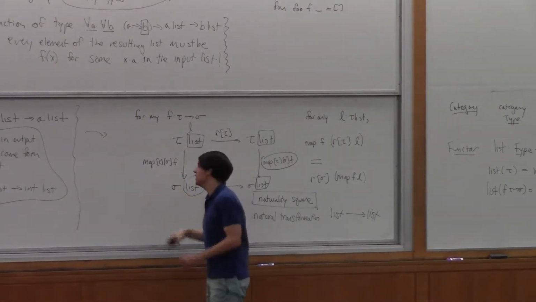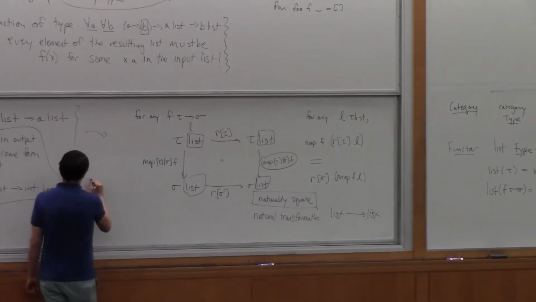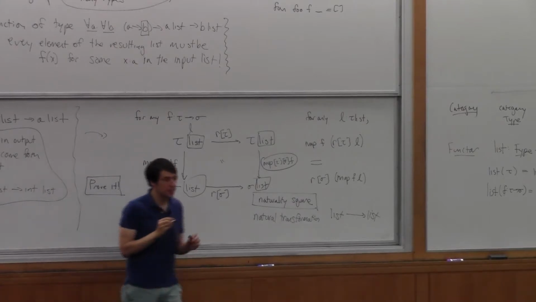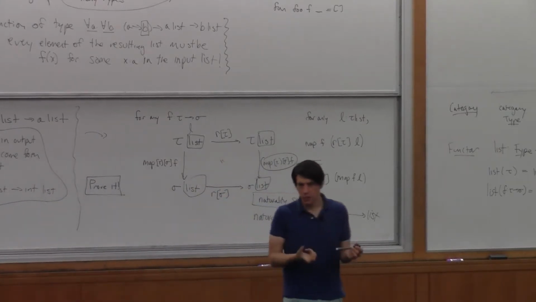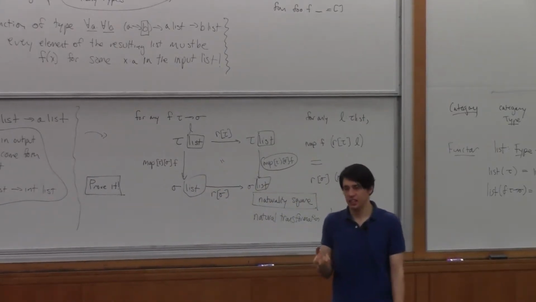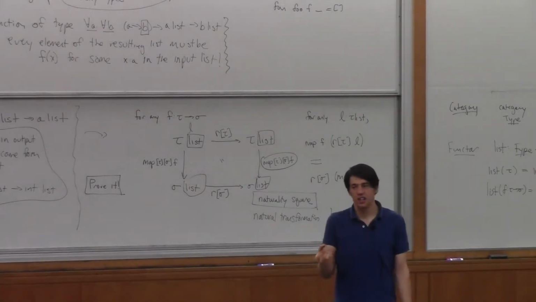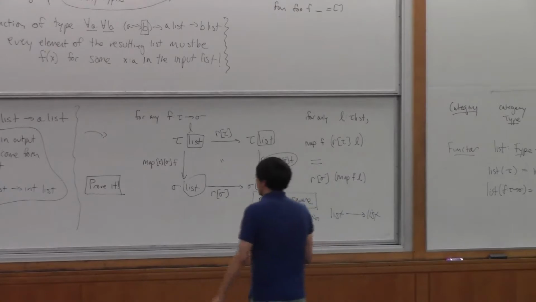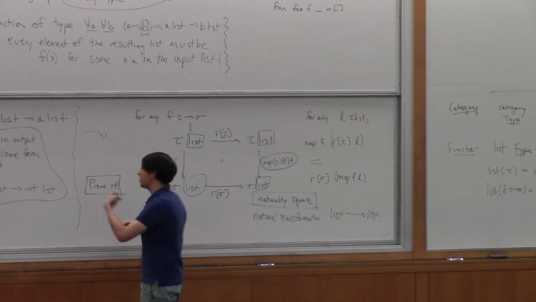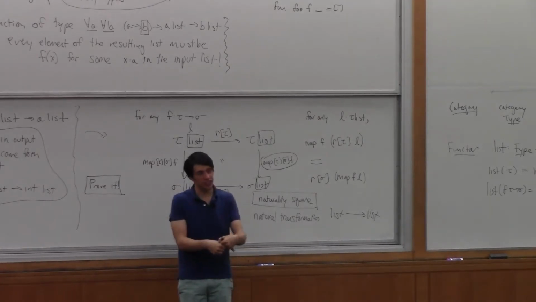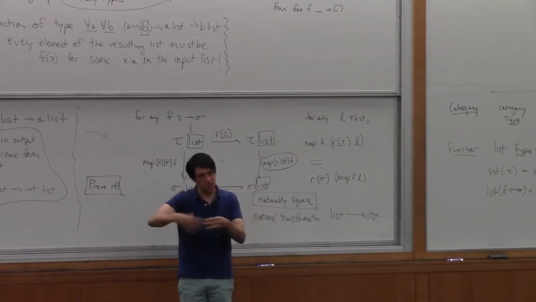Yeah. Okay. So the question now that I'll leave dangling is, how would you possibly prove something like this? Because the tools we developed yesterday of reasoning by induction on the type don't really give you what to do here. To reason about a function from int list to int list, you do something. And to reason about a function from int list to int list to int list, you do something else, right?